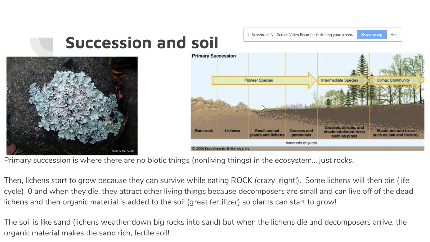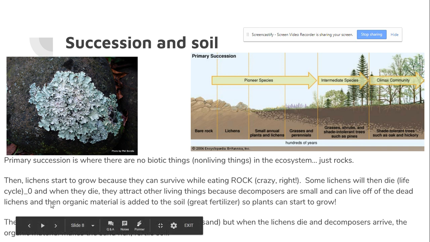So now we have dead lichen and decomposers like fungi and bacteria that are collecting in this area, and they're able to survive. They're staying put and they're flourishing, they're growing. So now we have a bunch of organic material that's been added to the soil, which we know is great fertilizer.